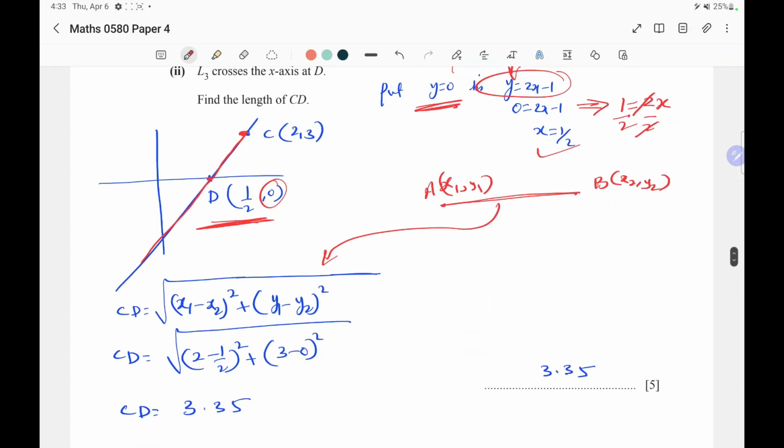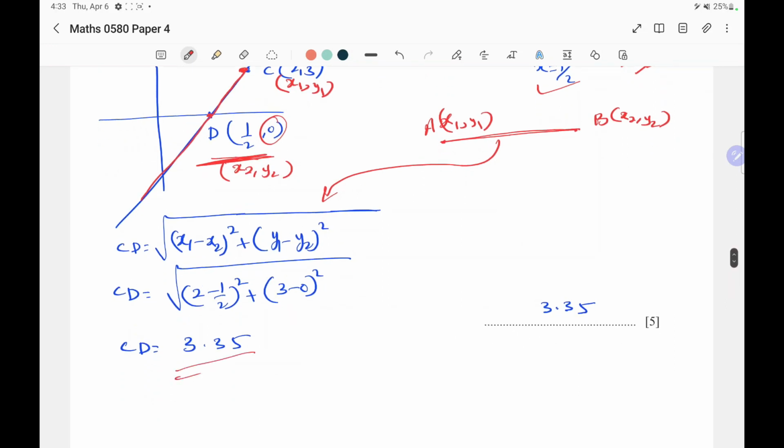I'm going to consider this one as (x1, y1) and this one as (x2, y2), and vice versa. You can consider point D as (x1, y1), it doesn't matter. So now (2 minus half) whole square plus (3 minus 0) whole square. Now just use a calculator. You will get 3.35.